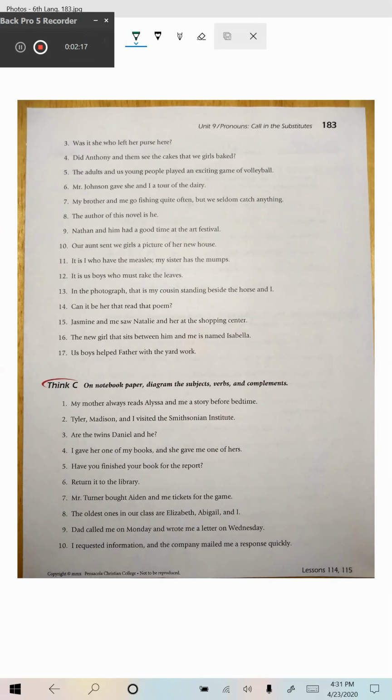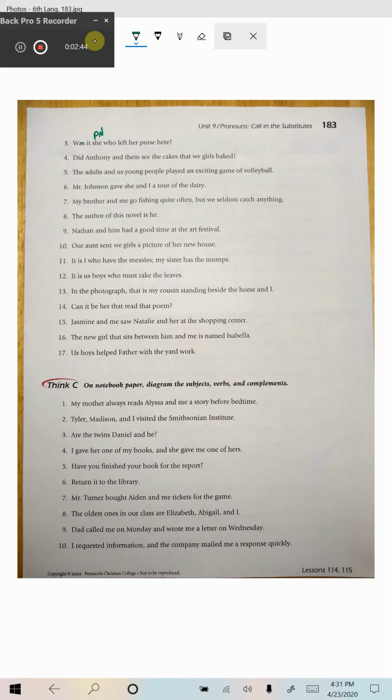All right, was it she who left her purse here? So there's 2. It was she. Okay, it is the subject. Was is a linking verb. She is a predicate nominative. Okay, you don't need to write that, but I'm going to write it. Nominatives need nominative case: I, you, he, she, it, we, you, they.